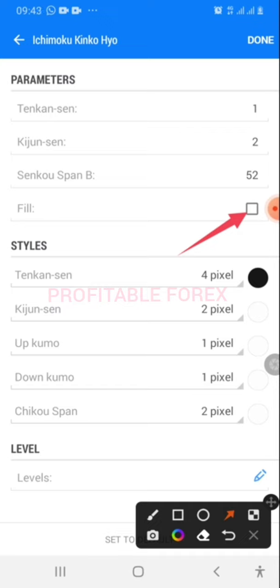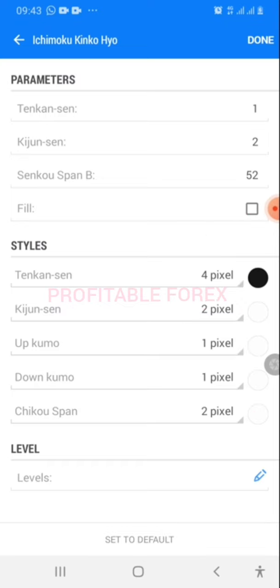Tenkan-sen is 4 pixel, color black, and the other four should have the color of your background. If you're using a white background, let their color be white, and if you're using a black background, let their color be black. If you're using a white background, make sure you change the color of this one. Do not use black like mine. So that is the setup for the Ichimoku.